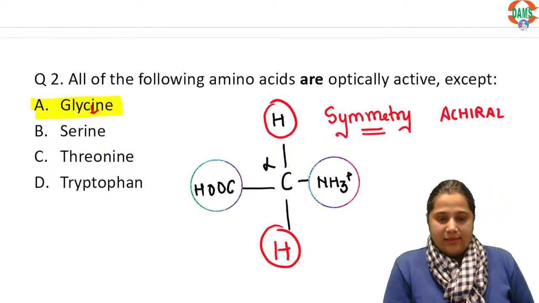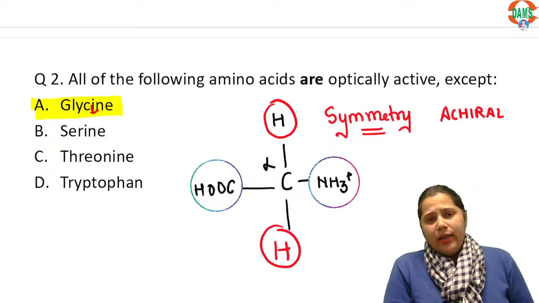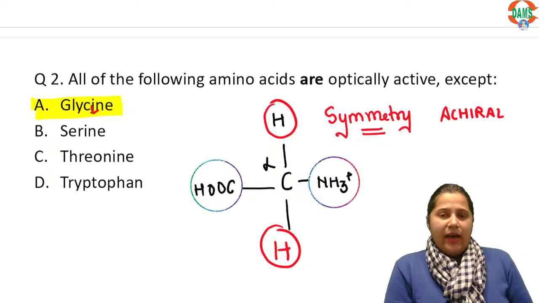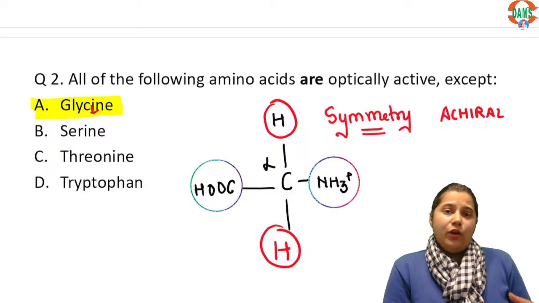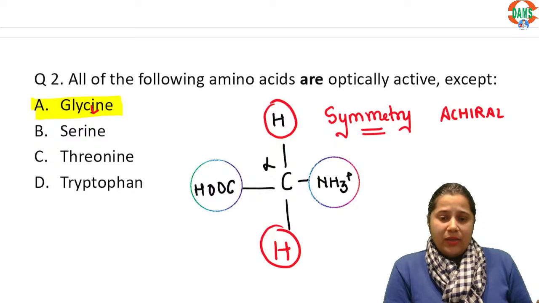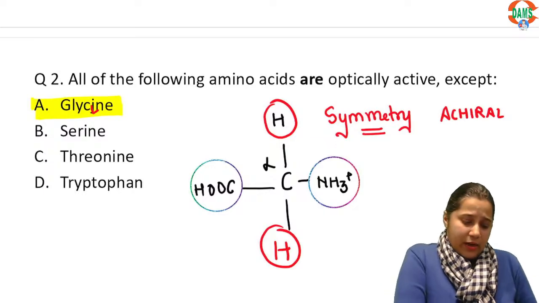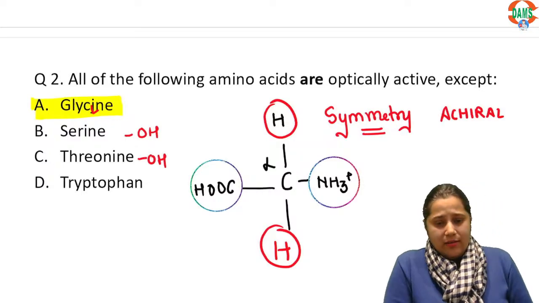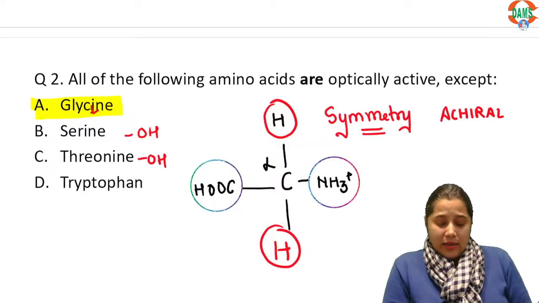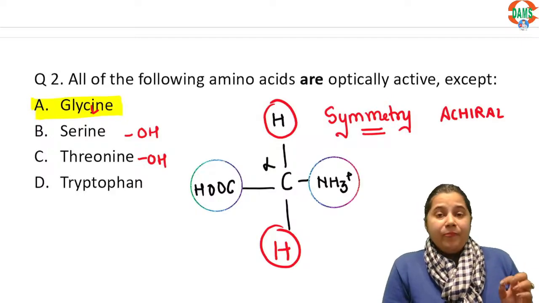Then all the other groups: serine will have a hydroxyl group in it, CH2OH as the R group. The threonine will also have a hydroxyl group. Both of them are hydroxyl group containing amino acids, but their R group will be different.